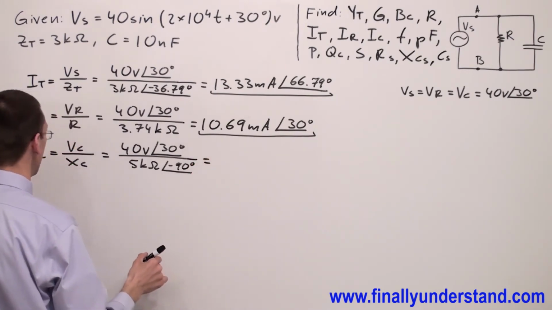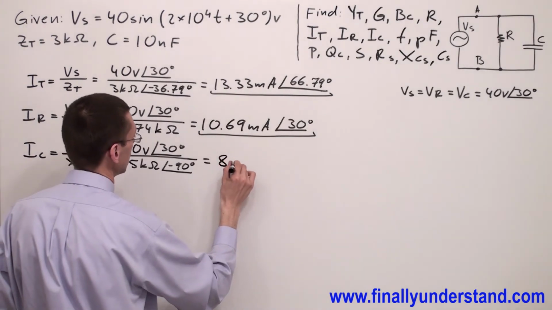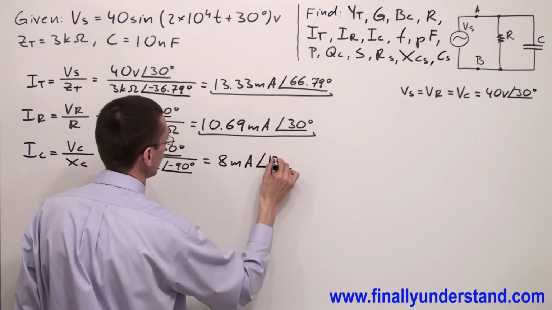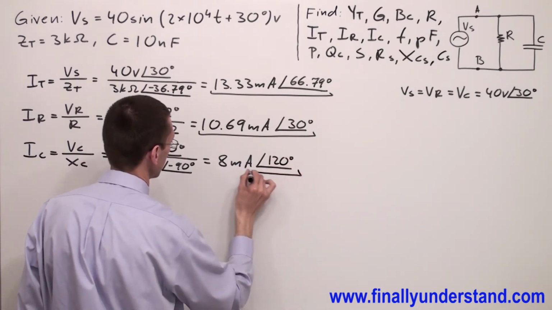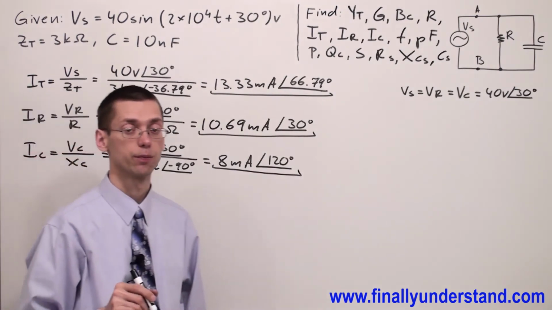So I have IC equals 8 milliamps and angle of 120 degrees. So this is the current which goes through the capacitor.